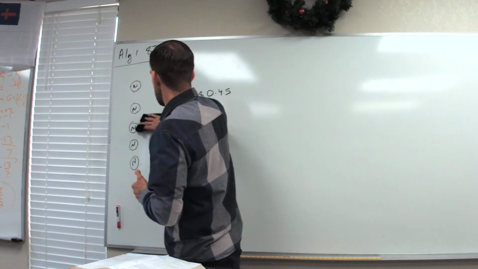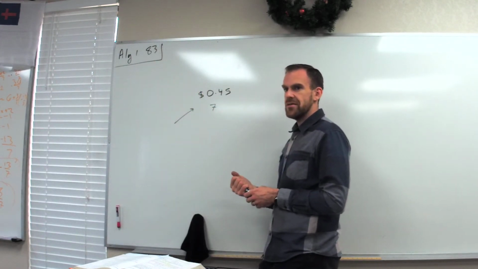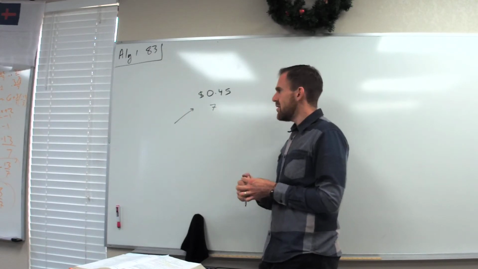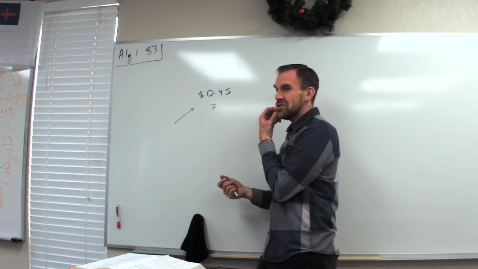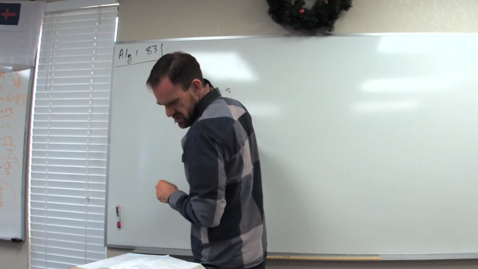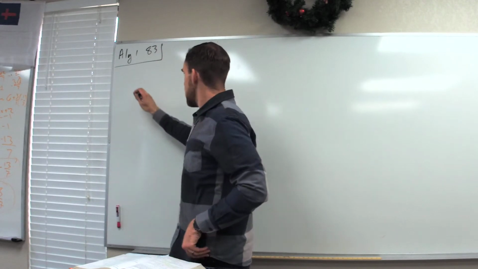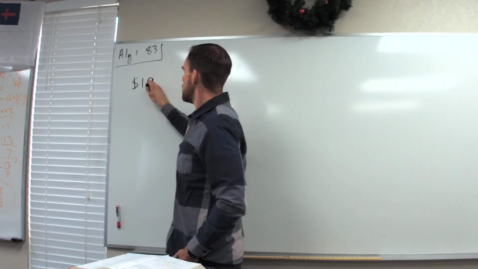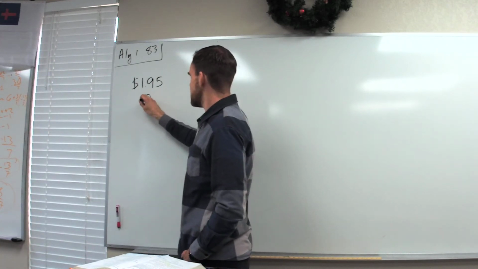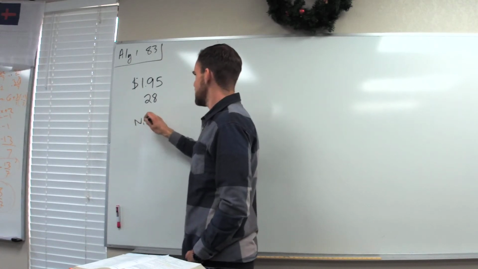But what if the problem asks us to go the other way? Uh-oh. What if someone tells us that we have a bunch of coins and they are worth, let's say, $1.95, and we have 28 coins that are nickels and dimes.